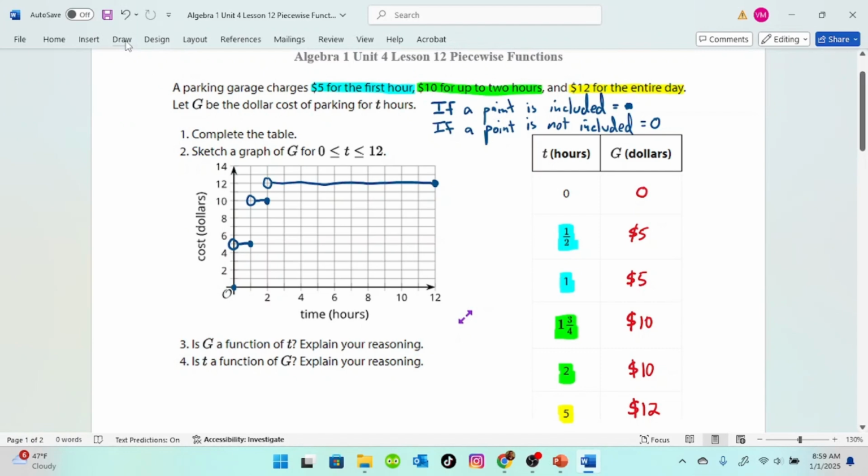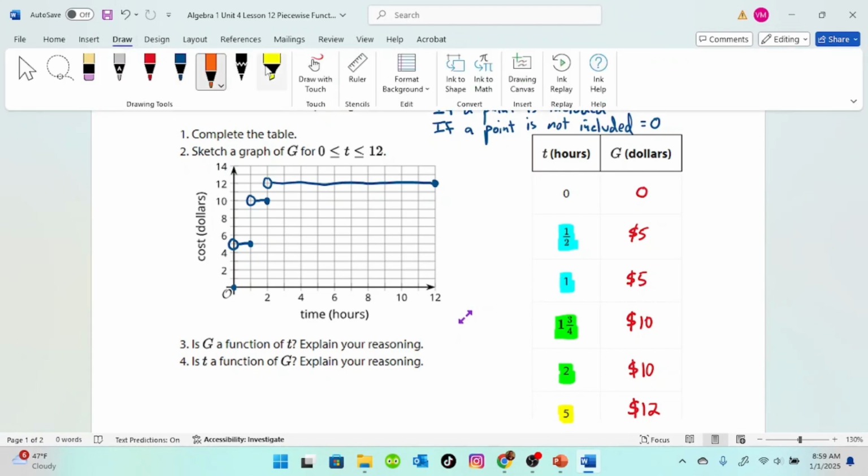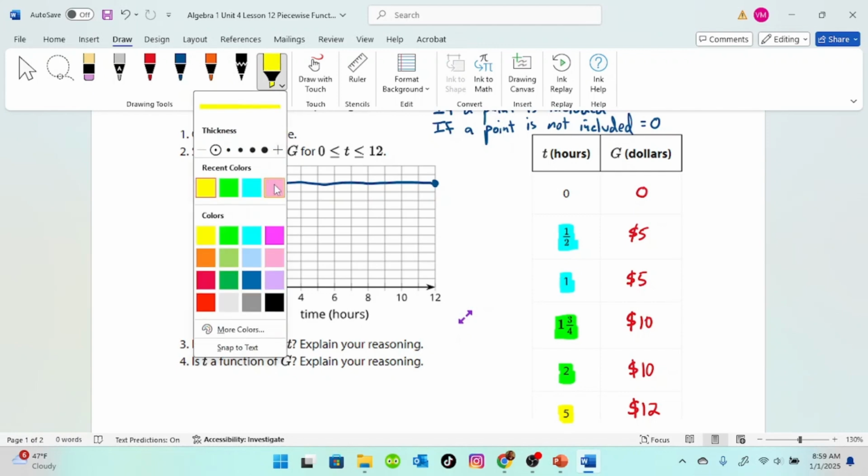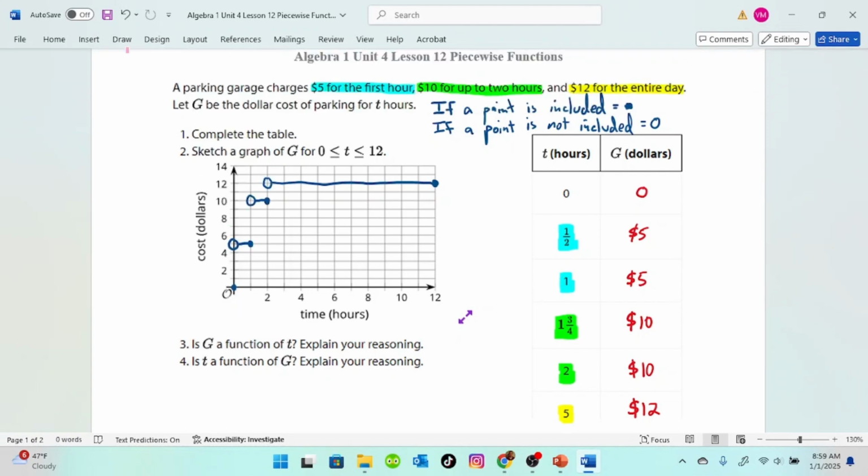Number 3, is G a function of T? So remember our key wording here. A function of. We see the same thing in number 4. A function of.